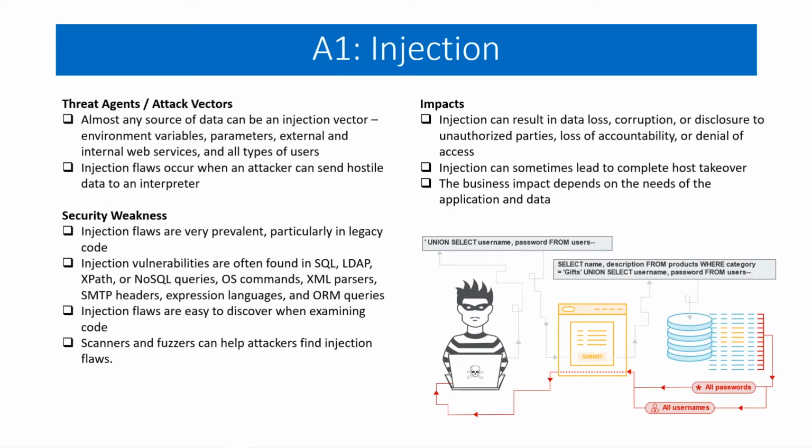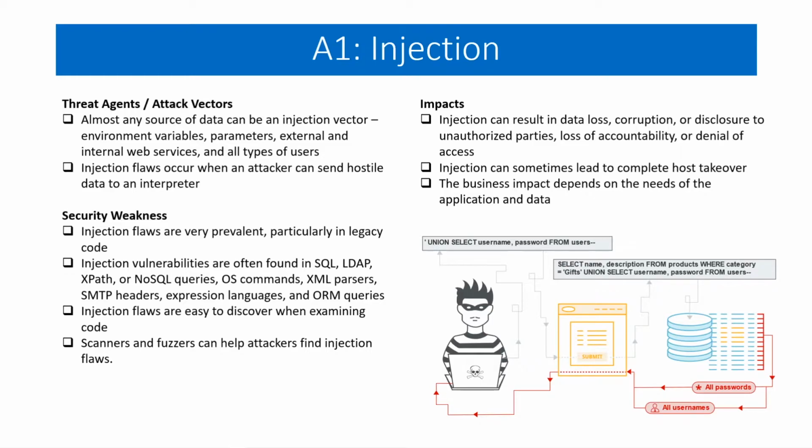I do have some slides semi-completed for injection, so I might as well go over these as well. So, attack vectors: almost any source of data can be an injection vector, environment variables, parameters, which is what we're going to look at today, external and internal web services, and all types of users.